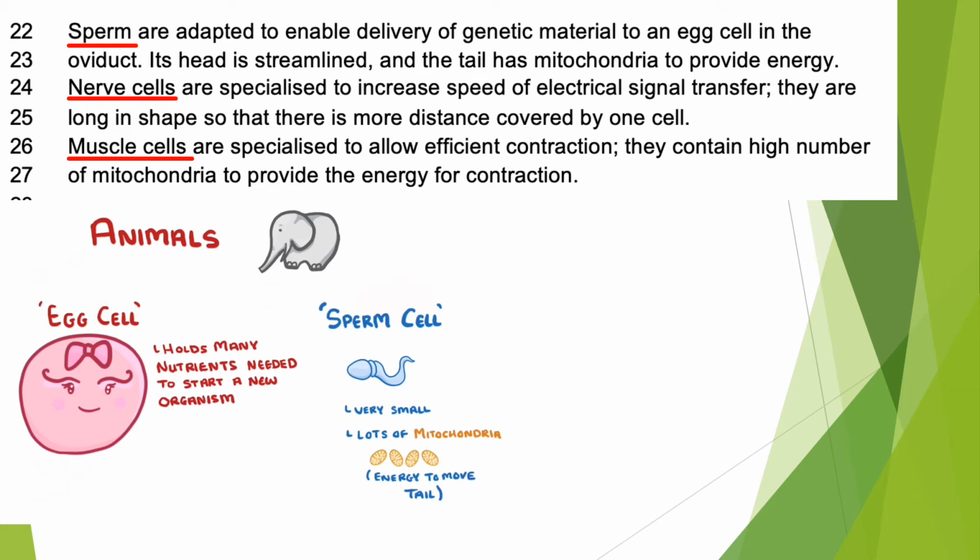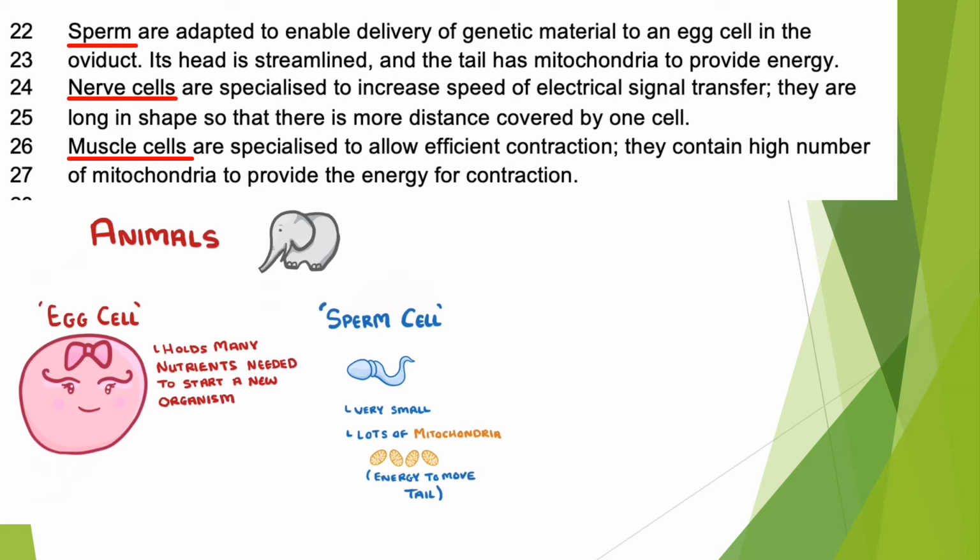Same thing goes for the egg cells. It says that egg cells hold lots of nutrients needed. If it doesn't have enough nutrients, then it probably won't survive, which means that the only ones that do make it through are the ones that have enough nutrients. So over generations and generations of reproduction, eventually all egg cells will have enough nutrients to start a new organism. All right, so these are adaptations that most organisms have in order to survive.